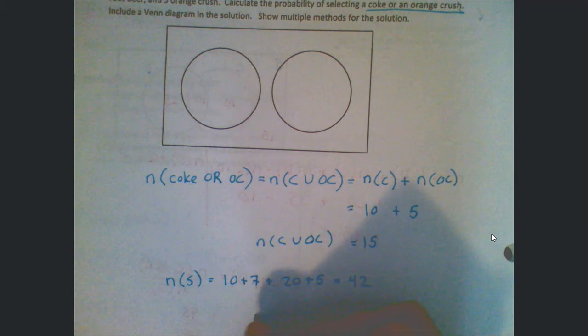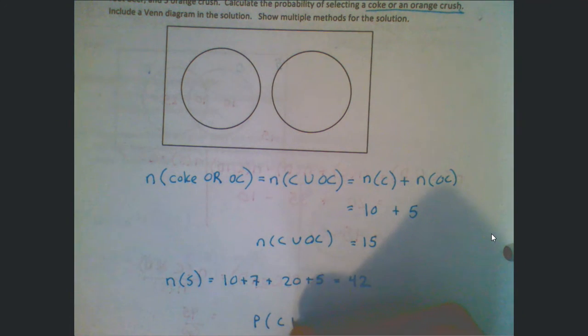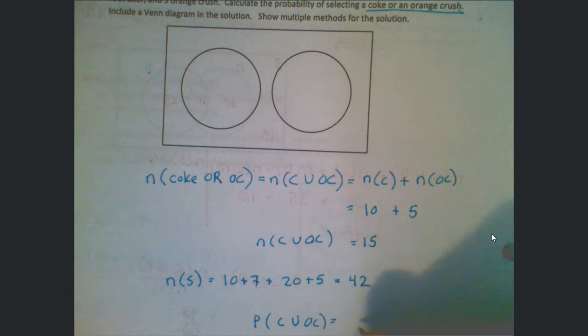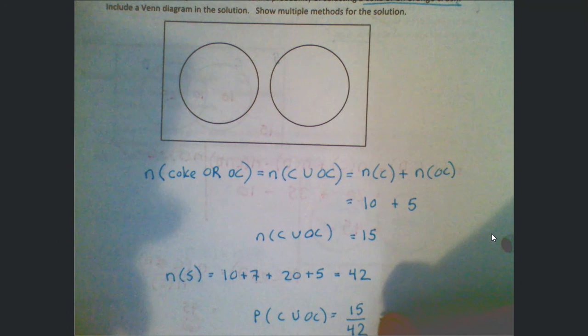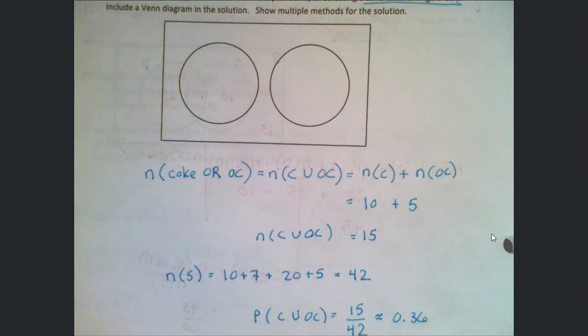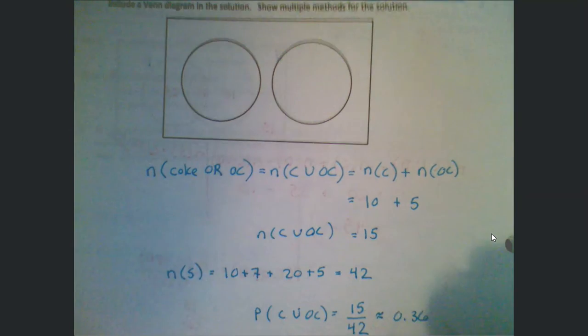So the probability of getting a Coke or Orange Crush is just 15 over 42, like so. And you just put that in your calculator and you get the final decimal value. I'll do that right now. 15 divided by 42, and we get about 36%, about 0.36. Okay, so that's one way to do this.